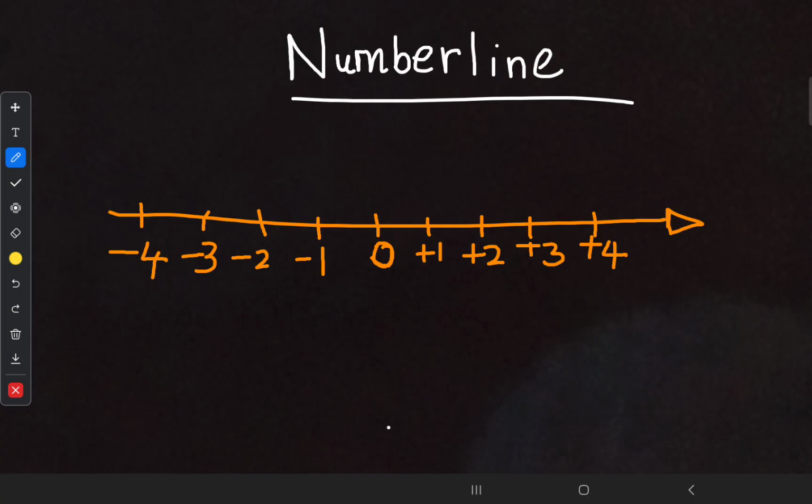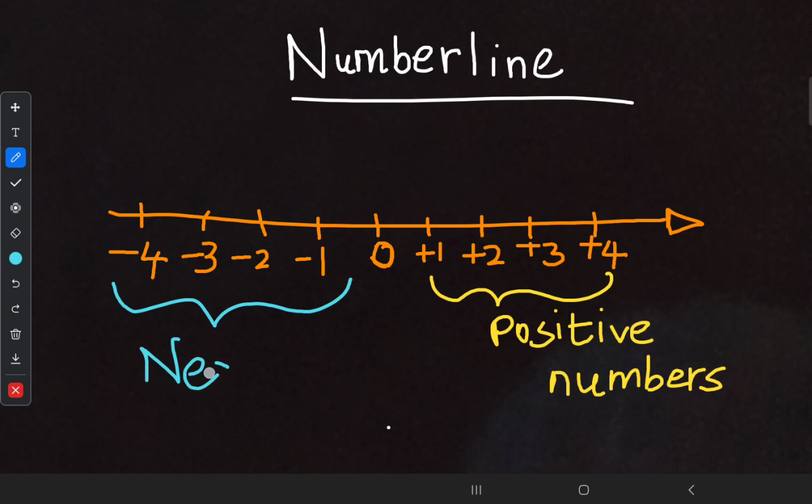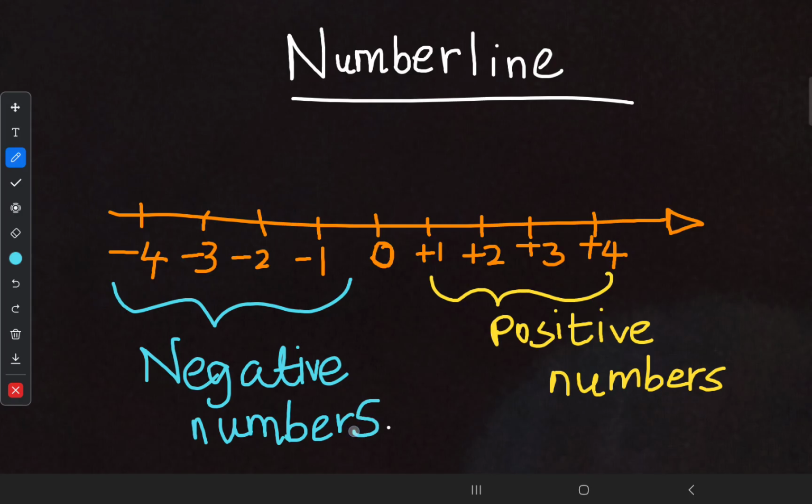In this, there are some important things you have to know. These are our positive values, positive numbers, and on the left side we have our negative numbers. And 0 does not belong to positive or negative. 0 is classified as a neutral number.